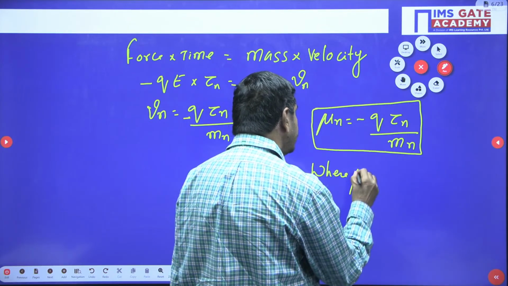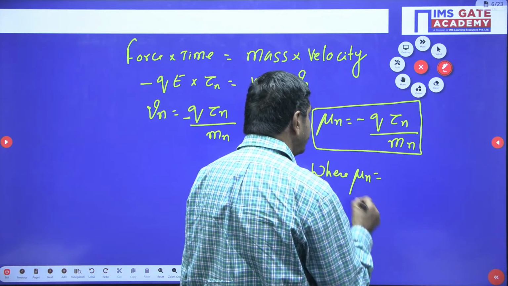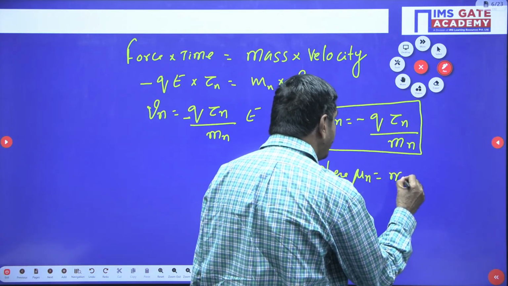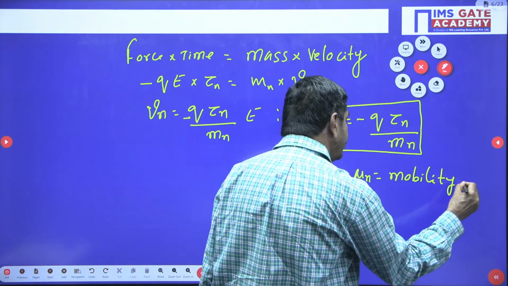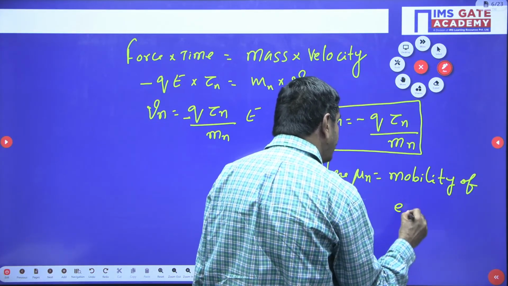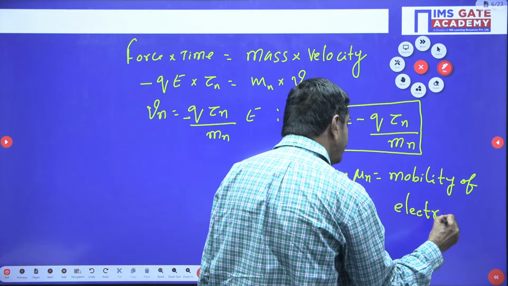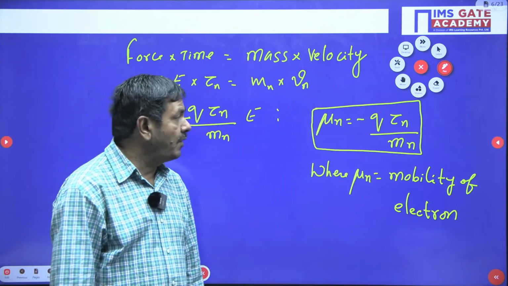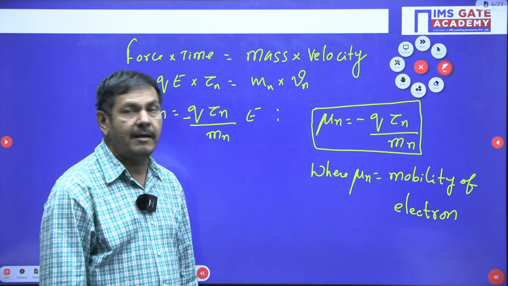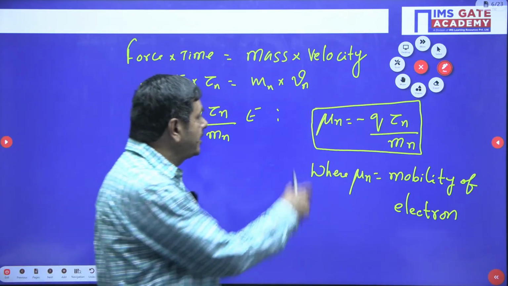What is mobility? I will define it. Whenever you want to find the mobility of electron, it must be taken with magnitude only.